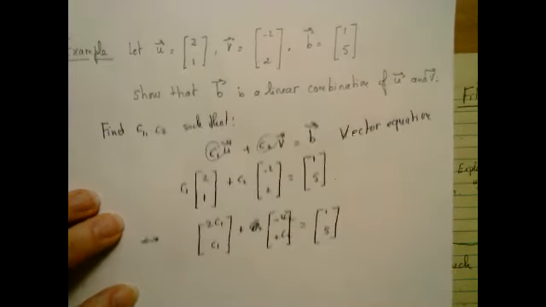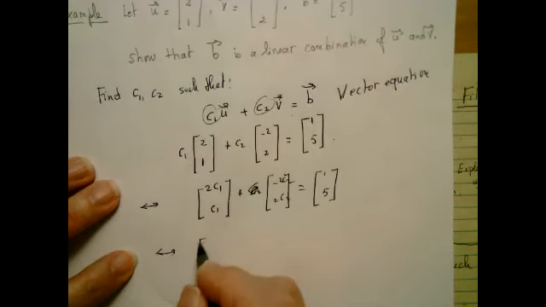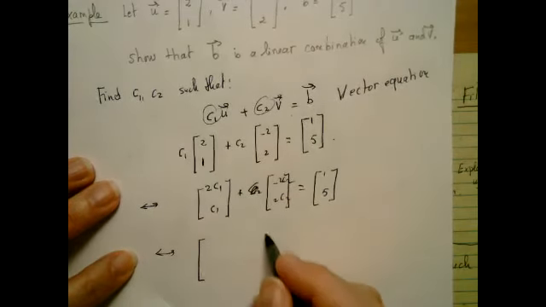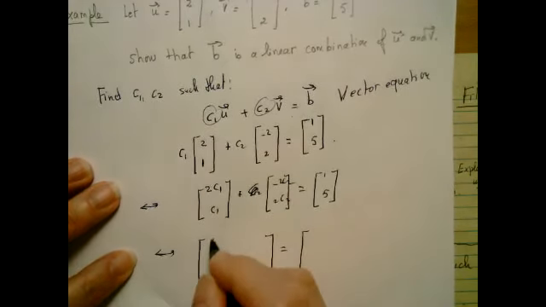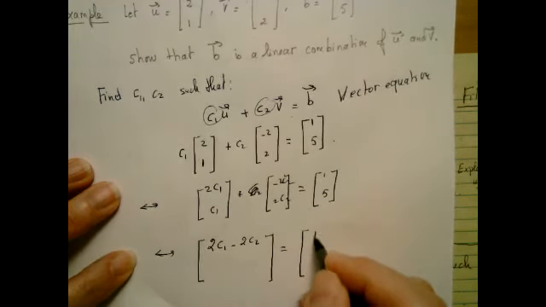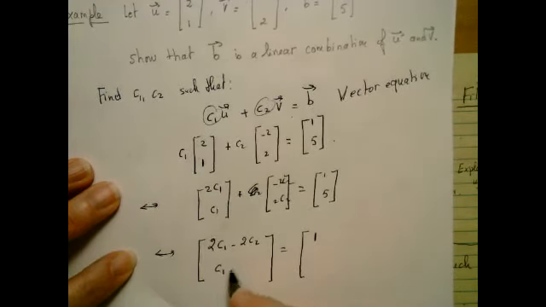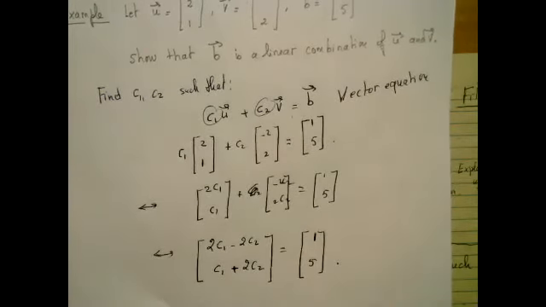I am after those scalars, those C1 and C2. So that's a vector, and I'm adding another vector to it. It means I need to find the weights, those are my unknowns, so that this is (1, 5).